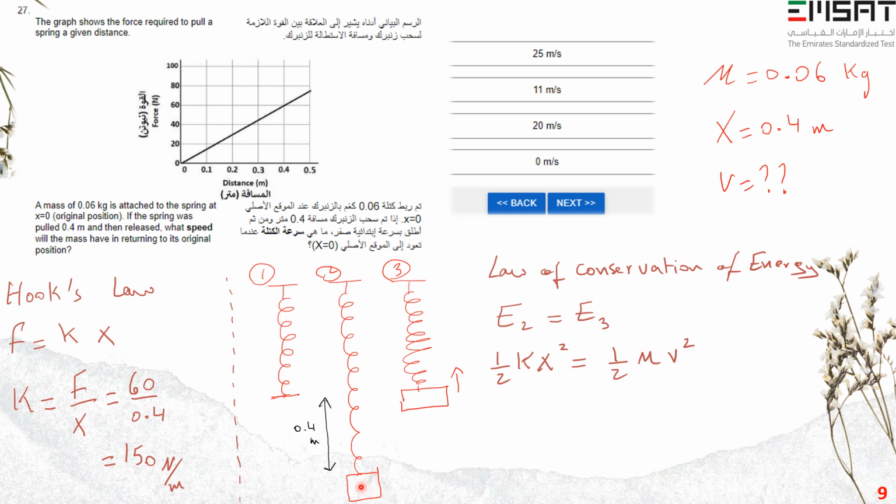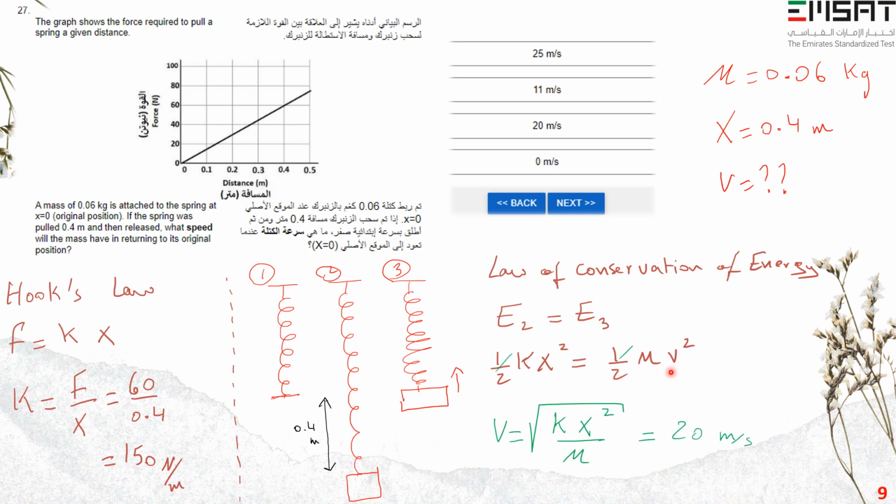In position 2, all the energy is potential energy. It's stored energy, so it's half kx squared because it's a spring. So the energy of the spring, half kx squared, is equal to the energy in position 3. The energy in position 3 is only due to velocity. All the energy is converted from potential energy to kinetic energy, which is half mv squared.